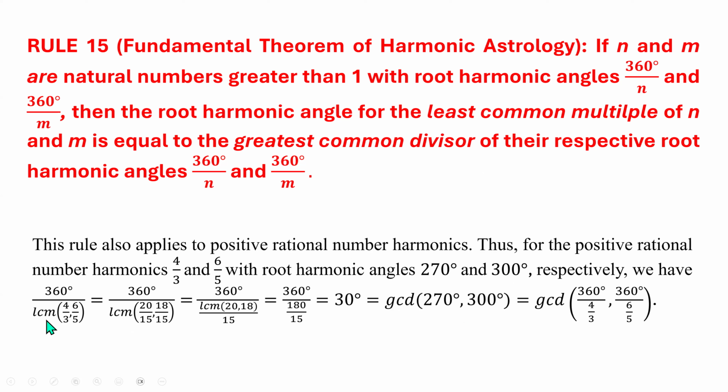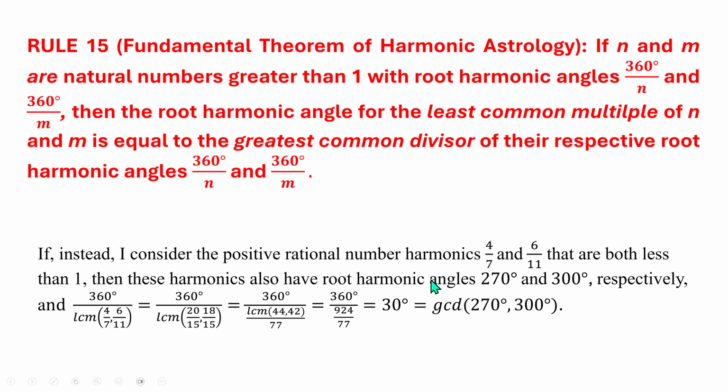If I look at 360 degrees divided by the least common multiple of these two fractions, well, to find the least common multiple here, I rewrite the fractions with a common denominator, and then I just find the least common multiple of these numerators over that denominator. This gives me 360 degrees divided by 180 over 15, and that too reduces to 30 degrees.